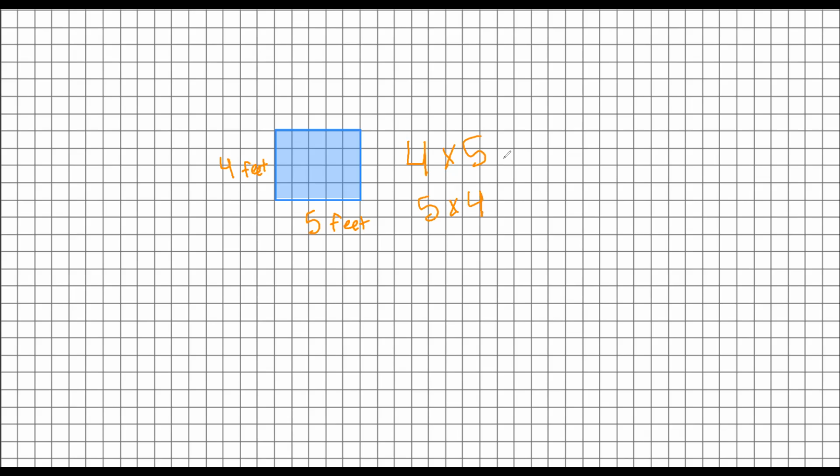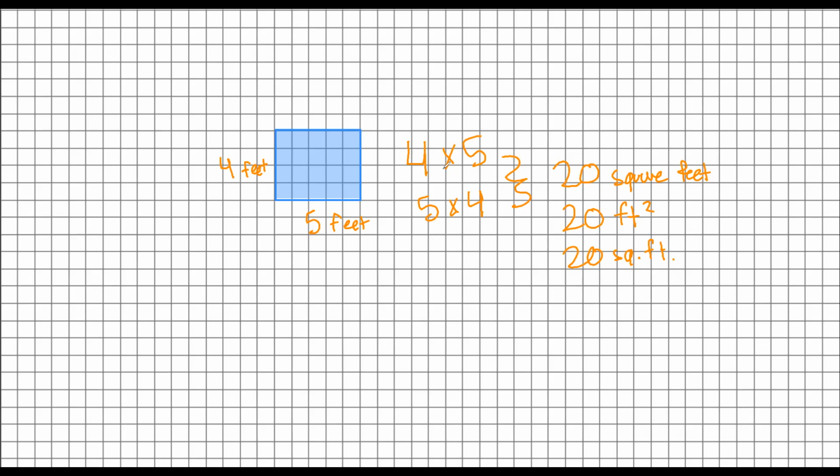They're both going to equal the same result, which is 20 square units, or in this case, 20 square feet. Another notation would be 20 feet squared, or you can abbreviate it as 20 square feet. That is my answer for the area of a rectangle.